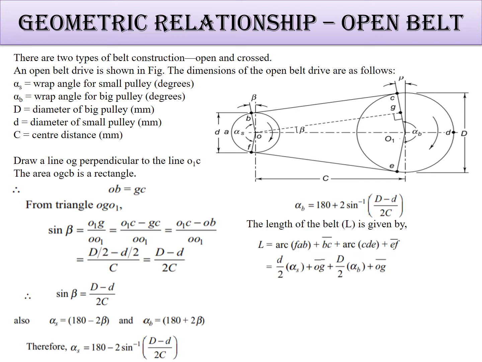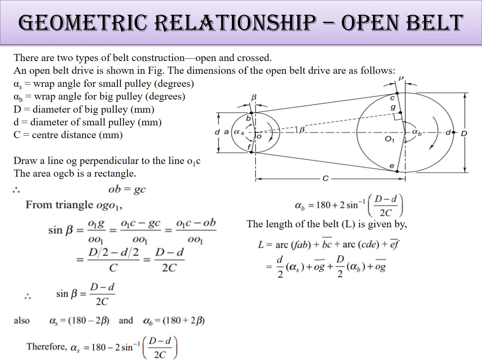So the length of belt will be, putting the value of alpha s and alpha b, arc FAB plus BC plus arc CDE plus EF. This will be the length of belt. Arc FAB is D by 2 alpha s, plus OG.